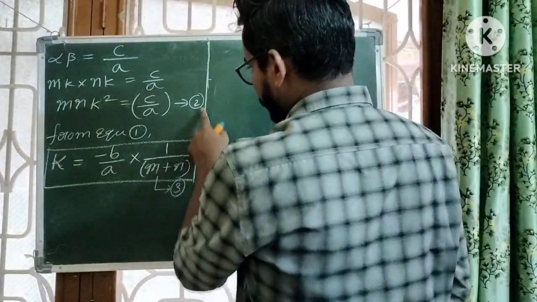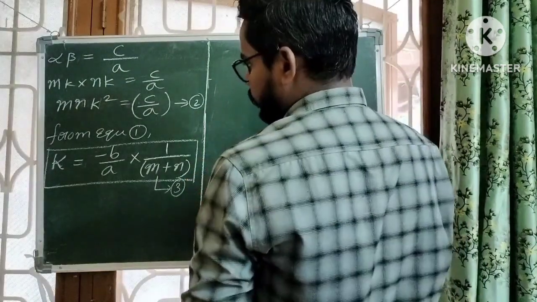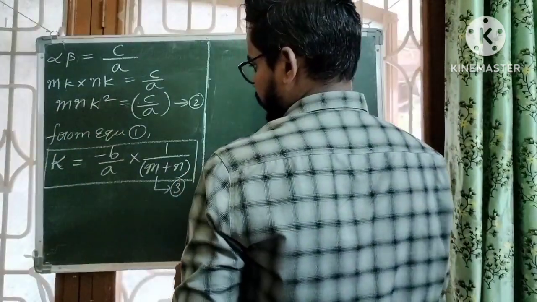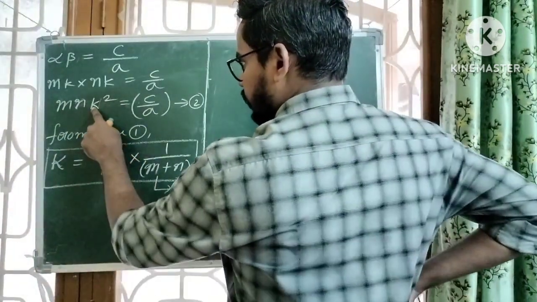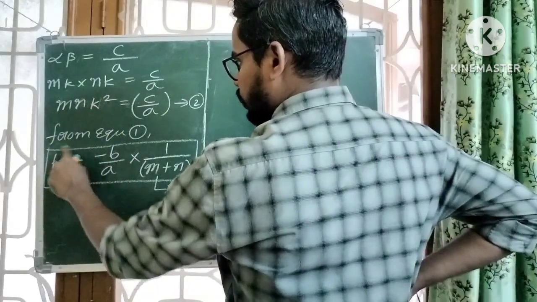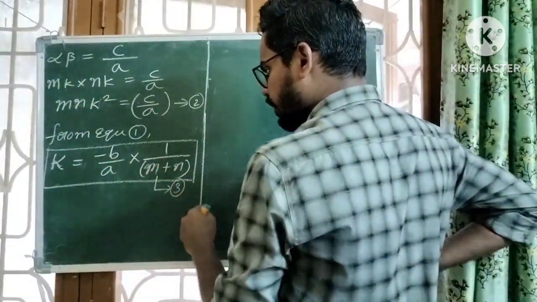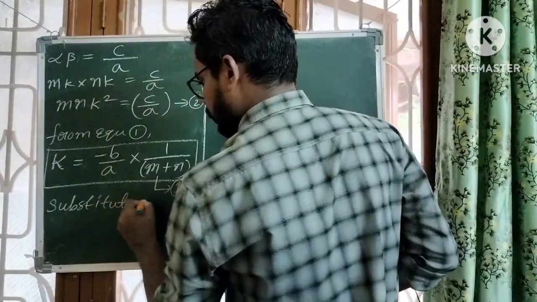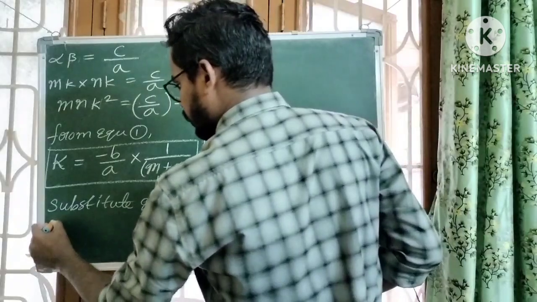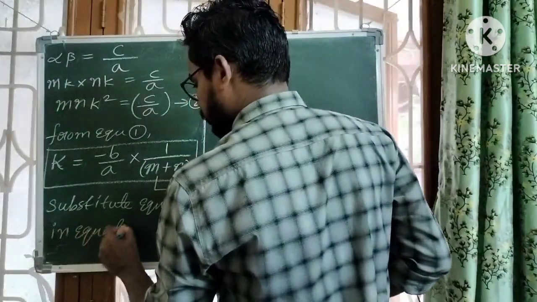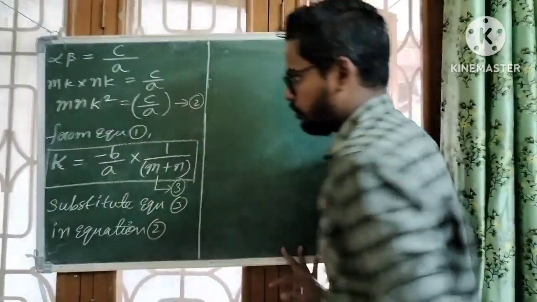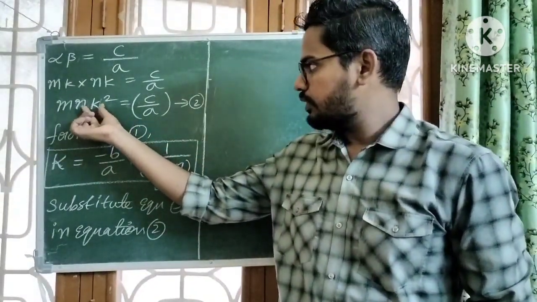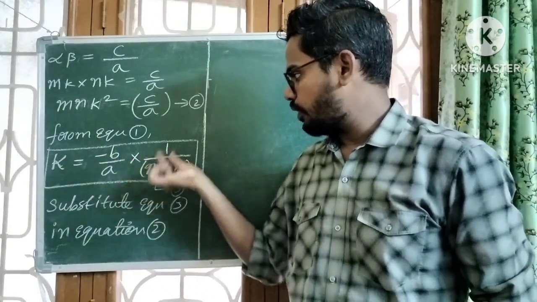Now observe equation 2 and equation 3. In both the equations, what is the common thing? The common thing is k. So here we should eliminate k. What is the value of k? Minus b by a into 1 by m plus n. So substitute equation 3 in equation 2. Just replace k by minus b by a into 1 by m plus n.